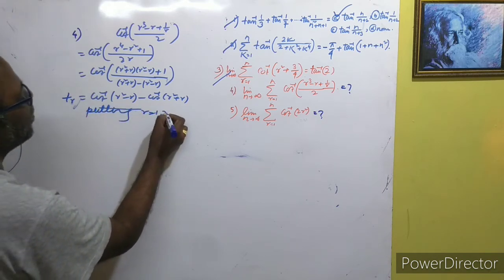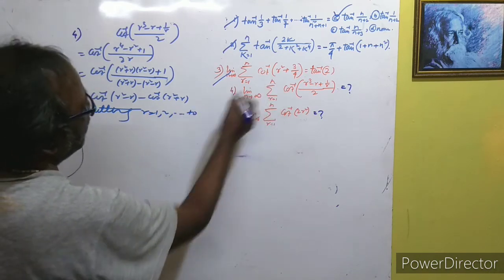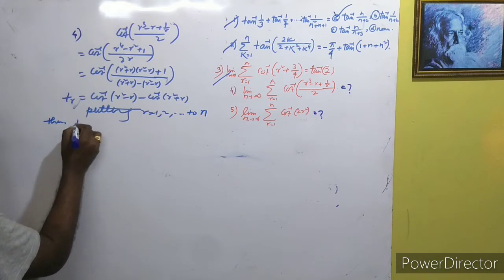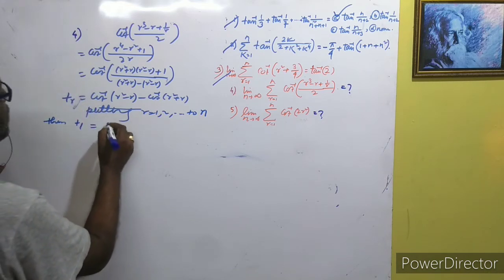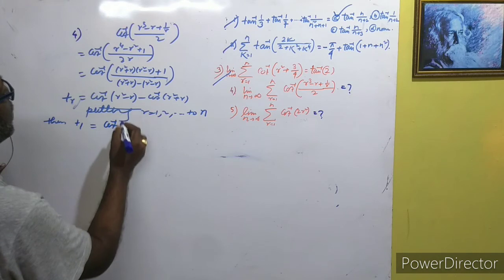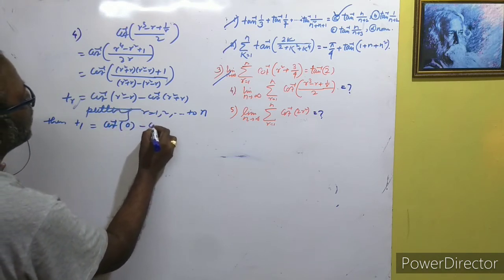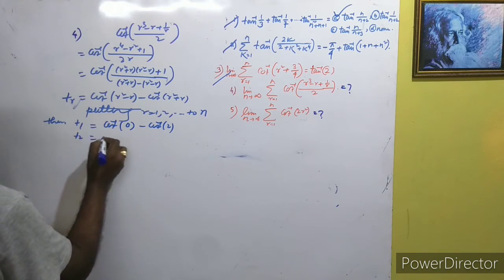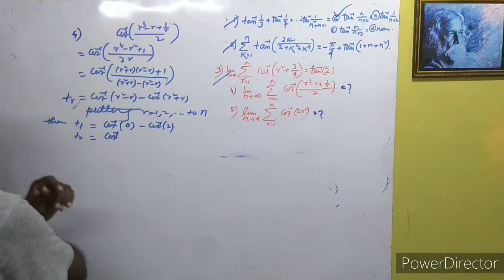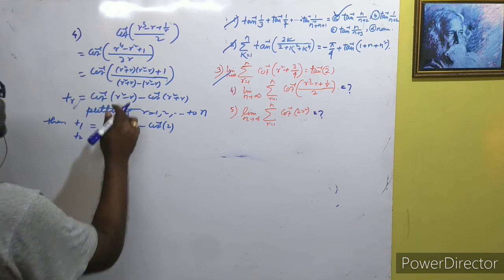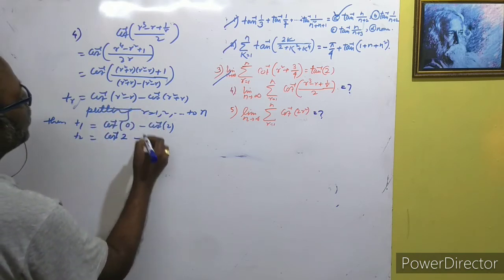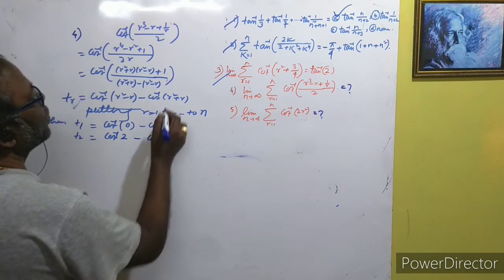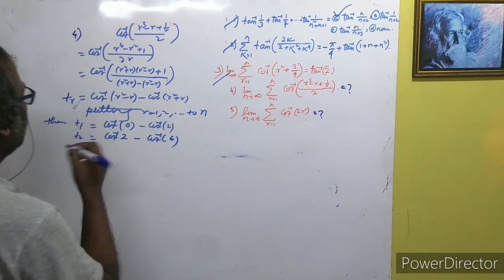Putting r equal to 1, 2, 3, up to n, then T1 is cot inverse 0 minus cot inverse 2, T2 is cot inverse 2 minus cot inverse 6, wait, cot inverse 4 minus 2, this is 2, and this is cot inverse 4 plus 2, this is 6 here.